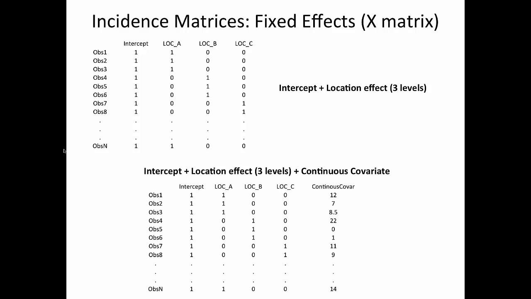And you can include continuous covariates, and this is important when you think about the incidence matrix we use with the markers, because they are continuous covariates, predictors, and so those go in as a single column with the actual values of the predictor.